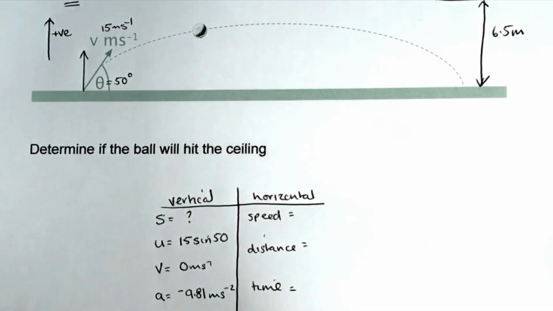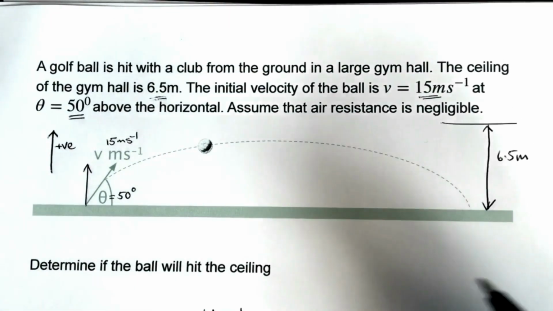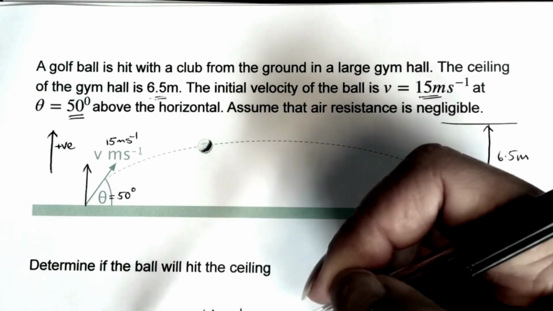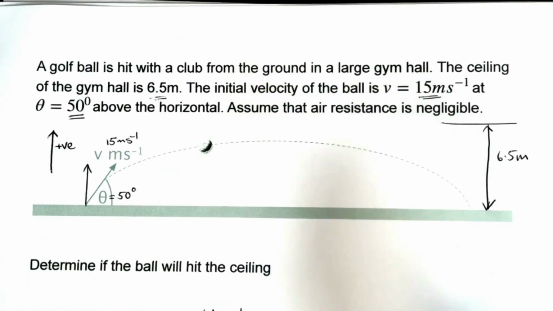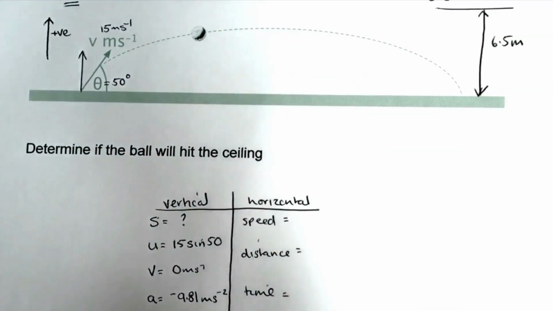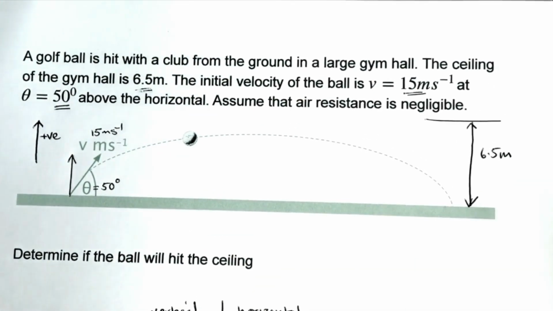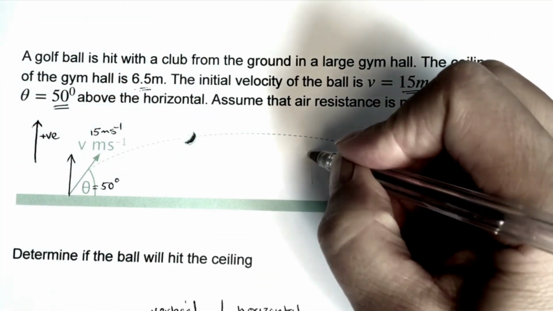So why have I put a minus there and a plus there? Well, if we go back to the diagram, you can see that the initial velocity of the ball is upwards, and we've chosen upwards as positive. So u has a positive value. Acceleration drags objects downwards.